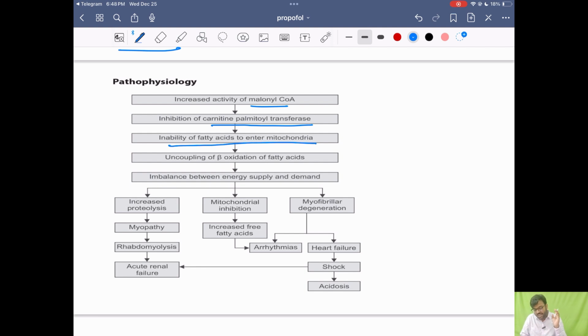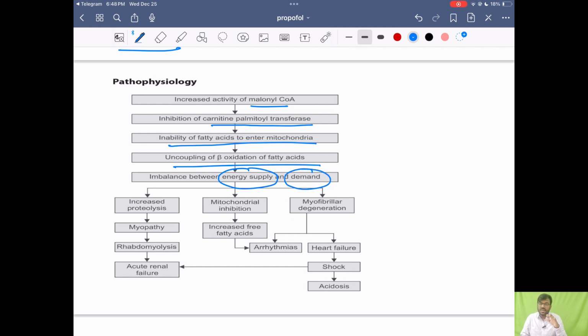Now, fatty acids being unable to enter the mitochondria leads to uncoupling of beta oxidation of fatty acids, which further leads to imbalance between energy supply and demand.